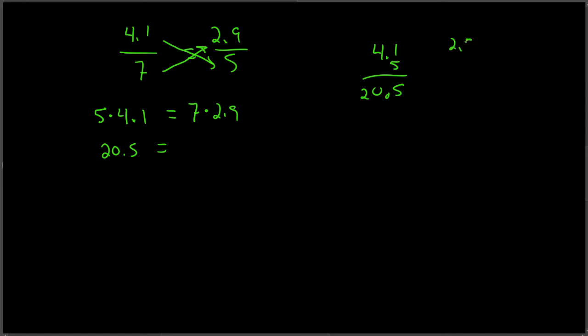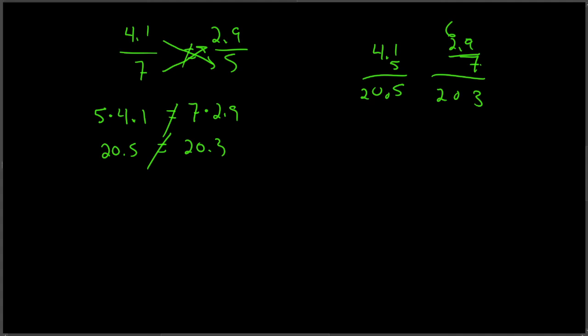And 2.9 times 7 is 3, carry my 6, 20.3. So this proportion is not true. That proportion wasn't equal.